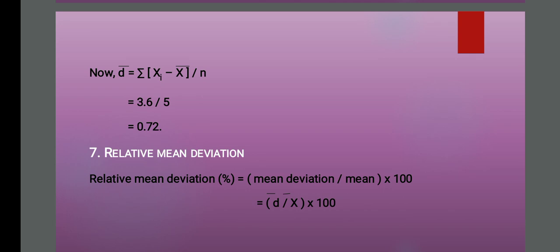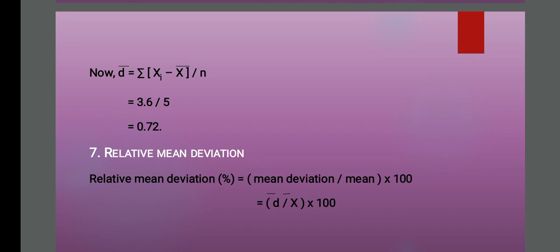I'll repeat: relative mean deviation is mean deviation divided by mean into 100. Is it okay?